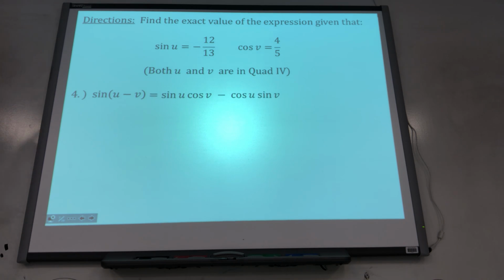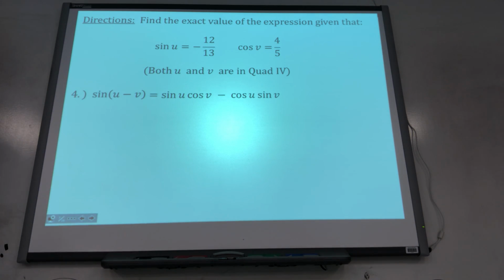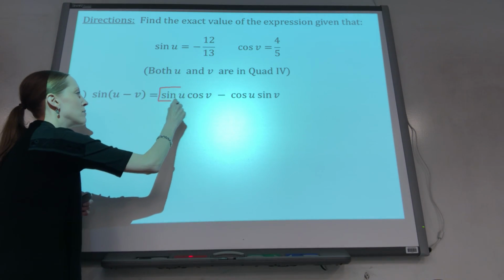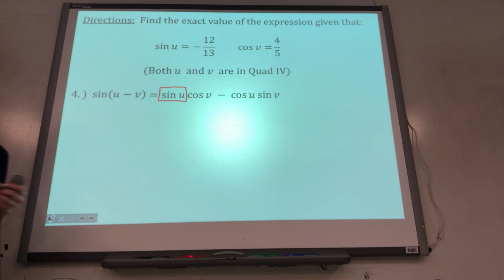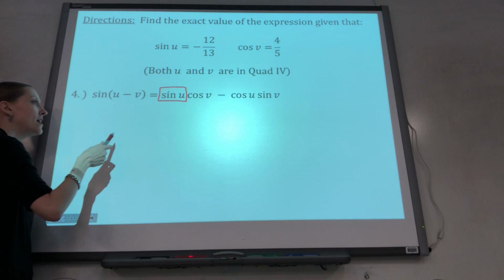Sine of u cosine of v minus cosine of u sine of v. Now, once we get it written out just according to the formula, now we should be able to plug in some numbers. Usually at this point I'm using the calculator to evaluate all of these different trig functions, but I'm not really doing that on this problem.